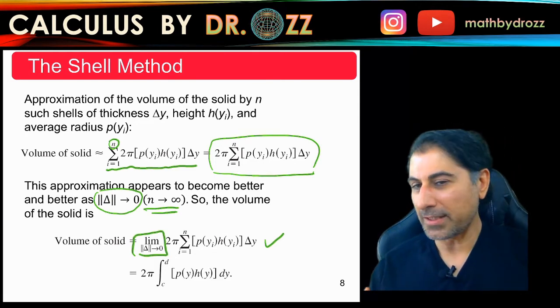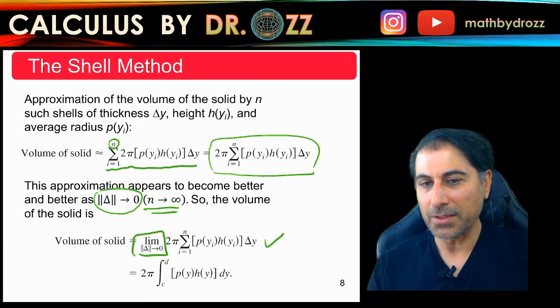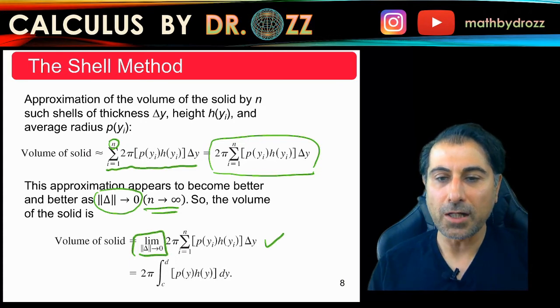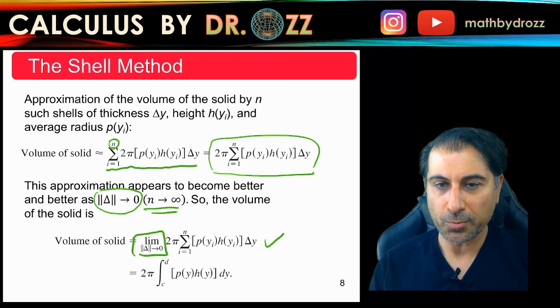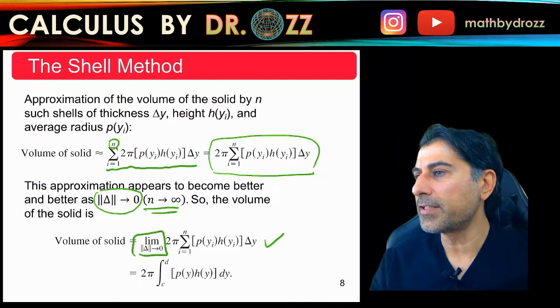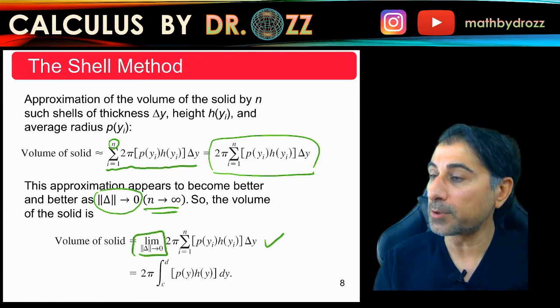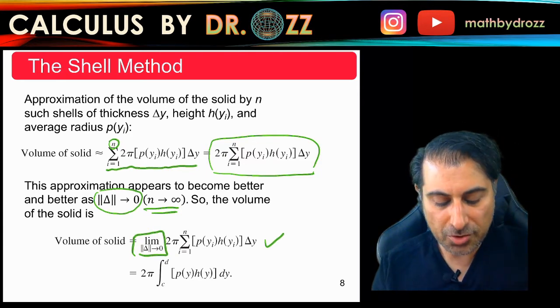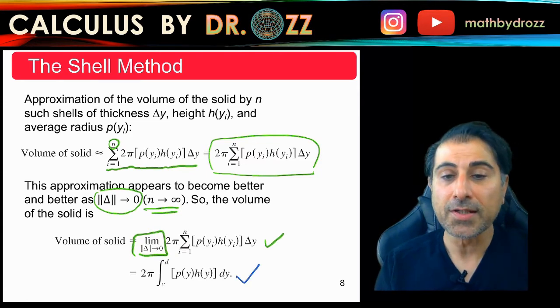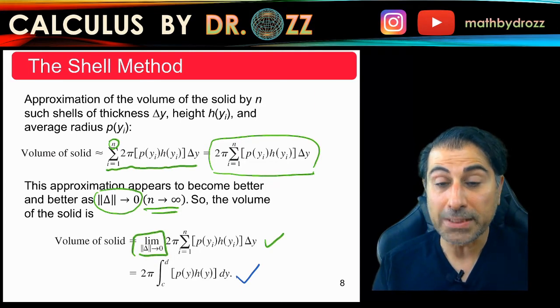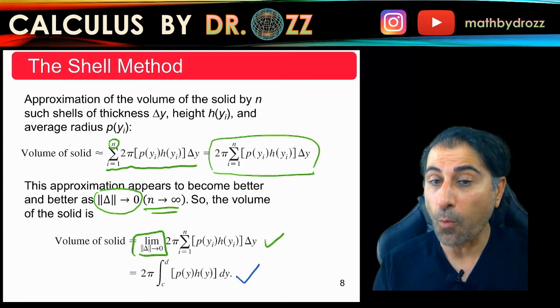I told you this process of passing the limit for the sum of the volumes is very important, and that's what we're doing here. As you see, this limit of the sum as the norm of delta, the partition, approaches 0, takes you all the way to this nice integral formula written in terms of y.